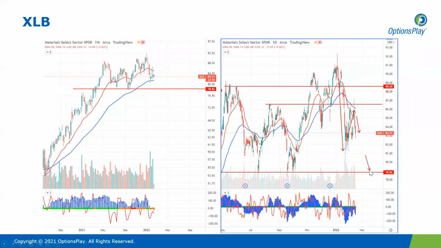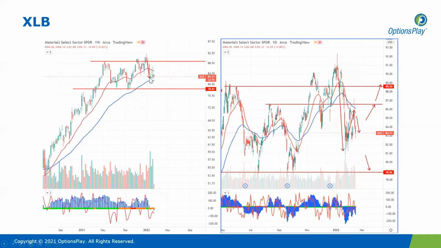But again, we are expecting a move higher here at the open for the majority of sectors at least. And the next key area that I'll be looking at would be this 86.50 near 87 area of minor resistance. A break above that level would indicate a move back to this 89 area is on the cards. But if you take a look at the weekly, we are seeing this almost range-bound movement.